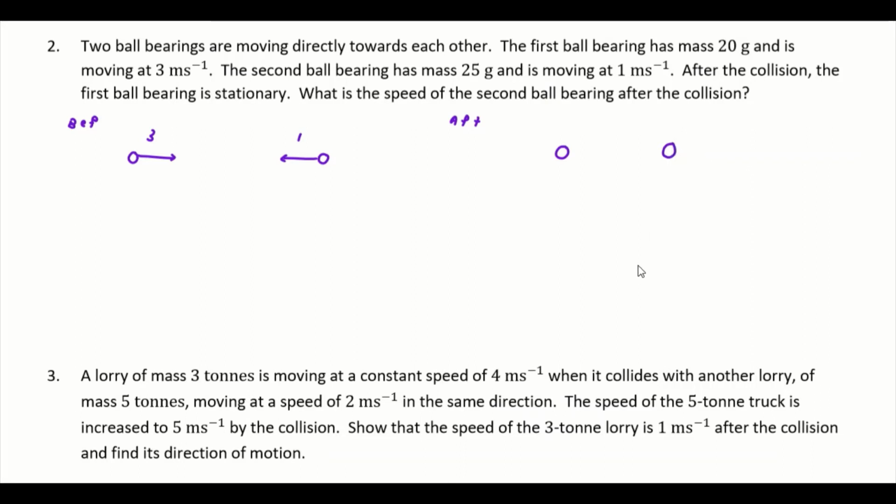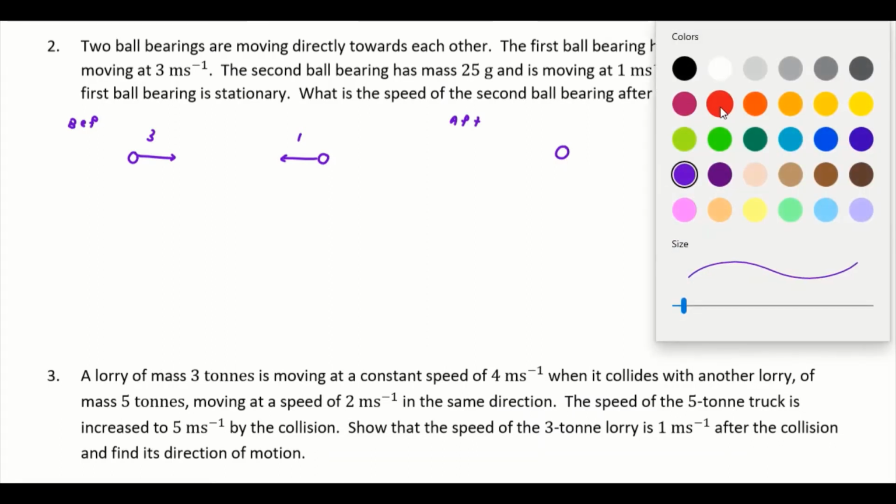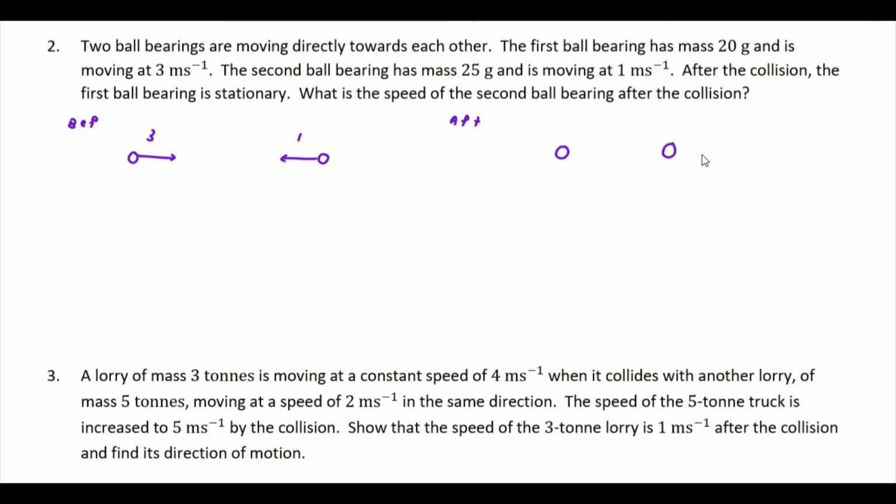Okay, so now the same thing, you can try to have a guess. What do you think is the direction of this second ball? So when they meet each other in the middle, and this first particle actually stops there, what do you think is the direction of this second ball? So let me try to use the other color. This is just a guess. Okay, so imagine by using a logical guess, right?